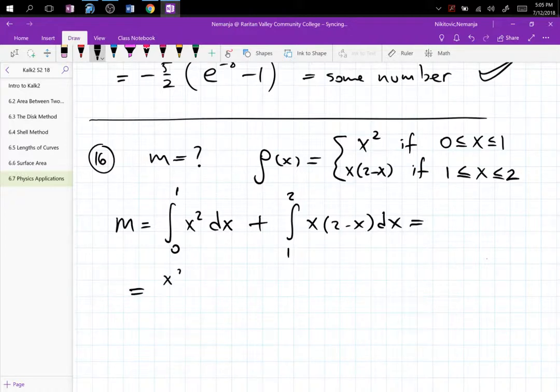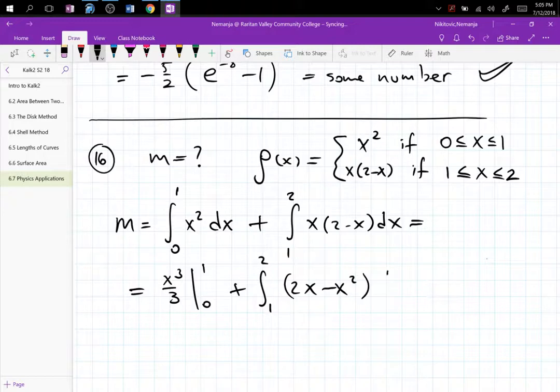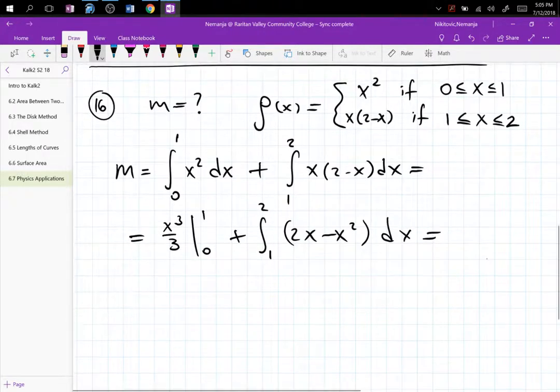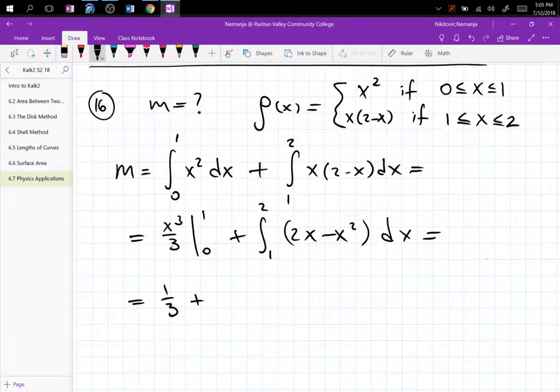So this is x cubed over 3 computed from 0 to 1, plus the integral from 1 to 2 of 2x minus x squared dx. The first calculation gives us 1/3, plus the second one is x squared minus x cubed over 3 computed from 1 to 2.